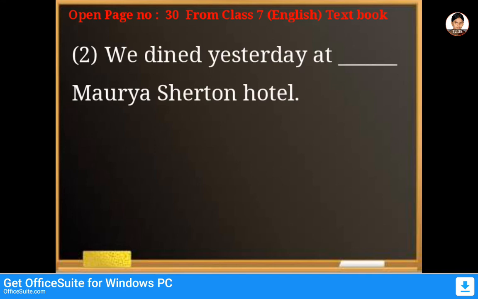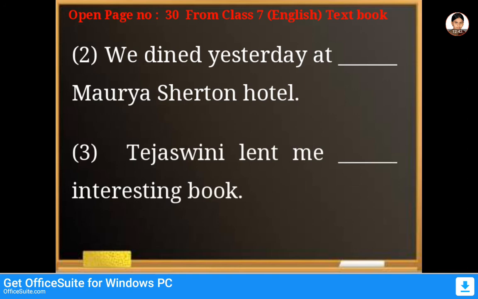We dined yesterday at dash Maurya Sheraton Hotel. Let us see the third one. Tejaswini lent me dash interesting book. Children, what are the answers for second and third? We dined yesterday at the Maurya Sheraton Hotel. It's a particular place.